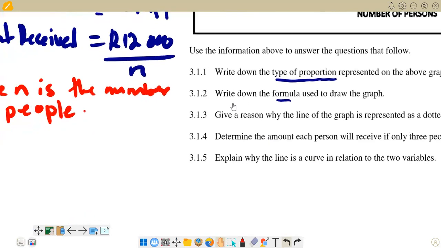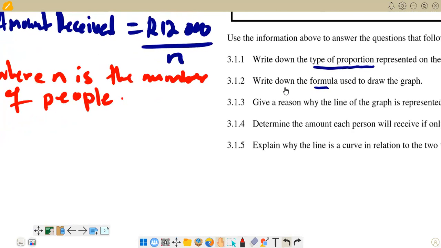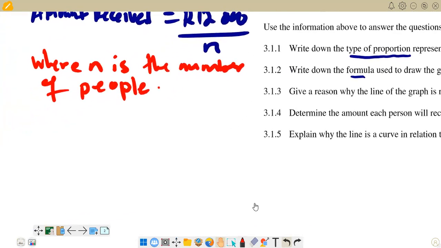So here we are now on 3.1.3. So we can just give an explanation there.